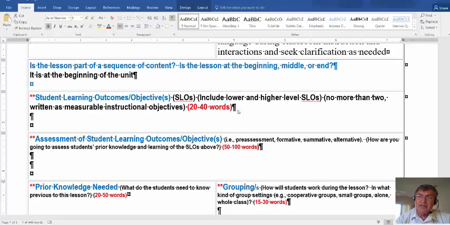Okay. Assessment of student learning outcomes, the objectives. How are you going to assess the lesson? This is the backward design that I've taught and you guys are teaching, that you start out with the TEKS, the objectives, and then you go to the assessment. How are you going to assess what they're going to do? How are you going to assess their success in the listening objective that you've made for this assignment specifically?